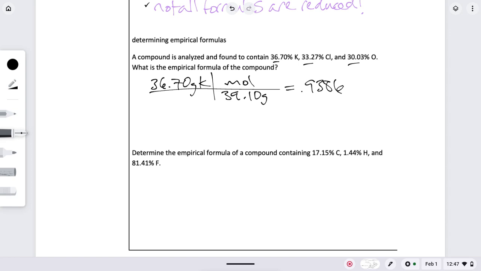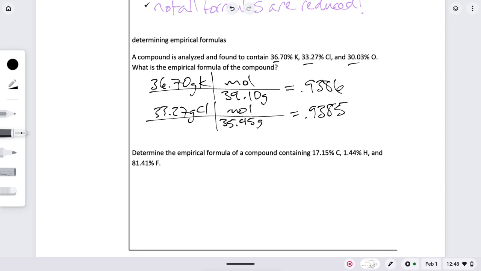And then I'm going to do the same thing for my other two elements. I got 33.27%, just change it to grams of chlorine. And then I divide by 35.45 grams per mole, because that's chlorine's mass on my periodic table. And I'll get an answer that looks kind of familiar, 0.9385.